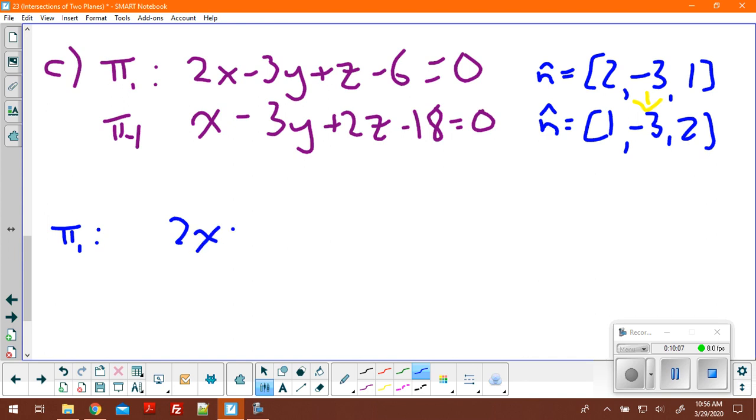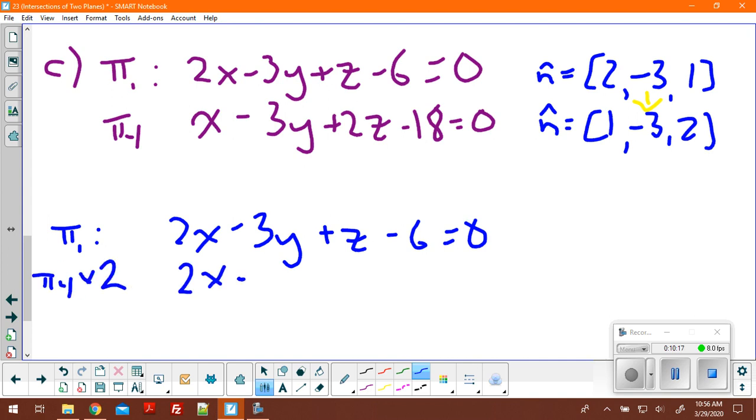So 2x minus 3y plus z minus 6 equals 0. I'm going to multiply my second plane by 2. So I get 2x minus 6y plus 4z minus 36 equals 0.